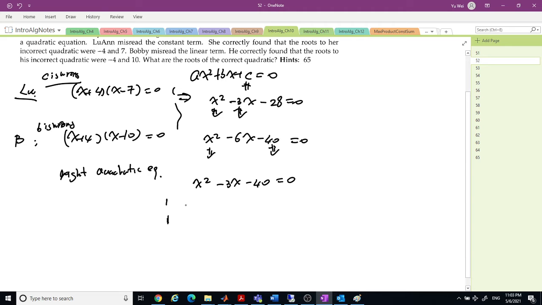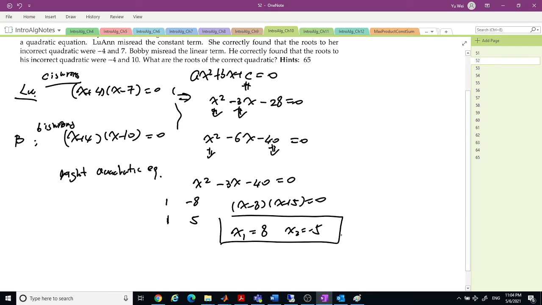It's x, x and negative 8 and 5. So now we have (x minus 8)(x plus 5) equals 0. So the true roots are x1 equals 8, x2 equals negative 5. Next.